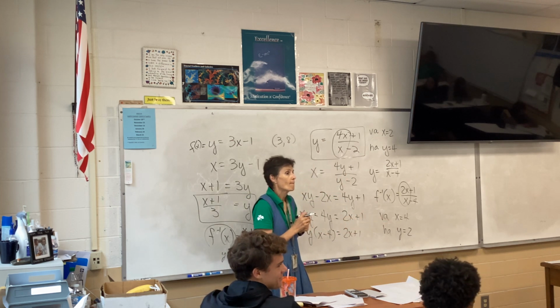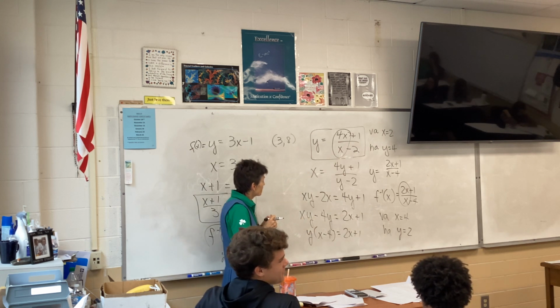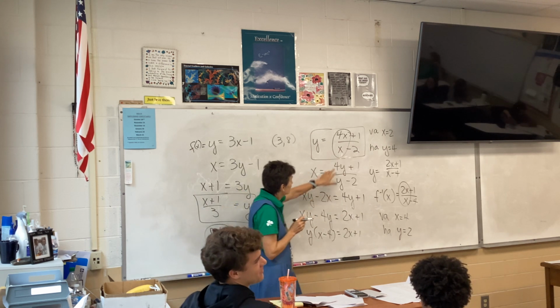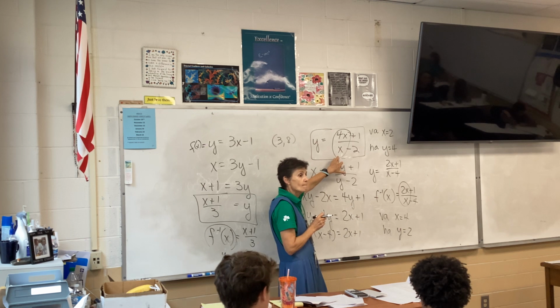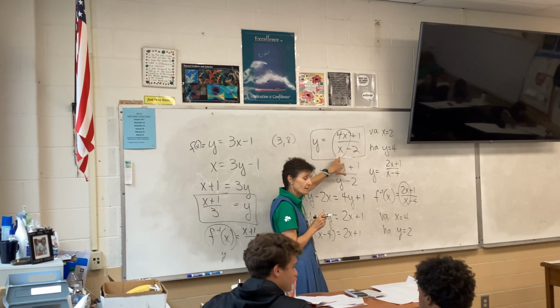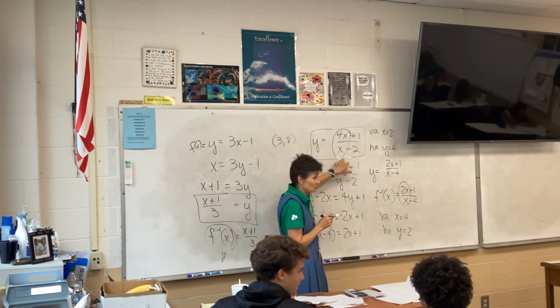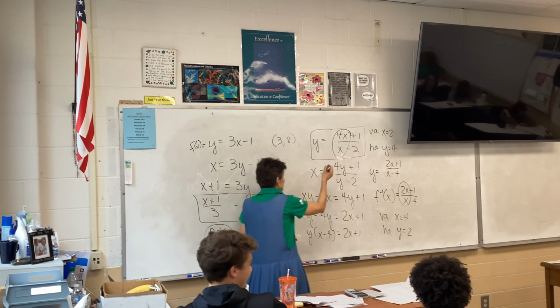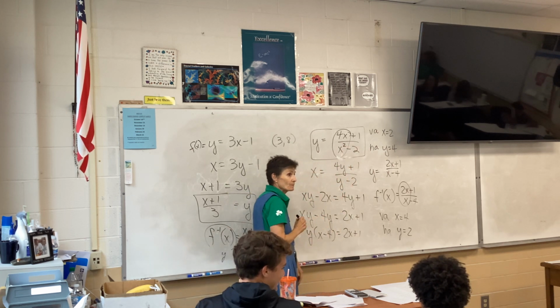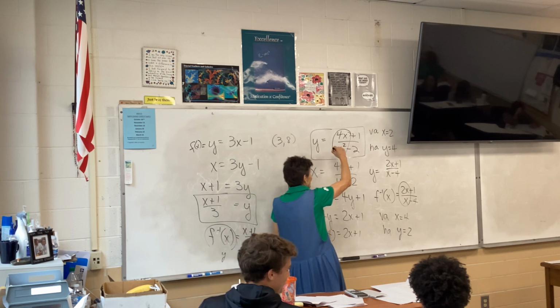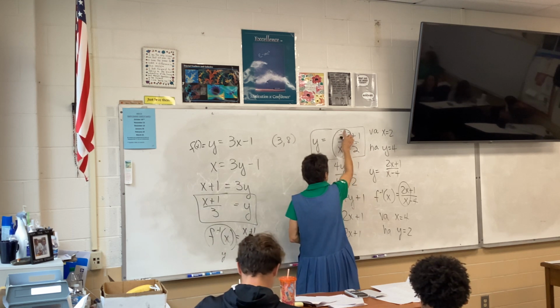Sydney? What happens if, like, the 4x over x or the 2x over x, what happens if one of them is x squared? Yeah. Well, they have to match. So let's just say for a moment that was x squared. Then when I do my circle, they have to match.